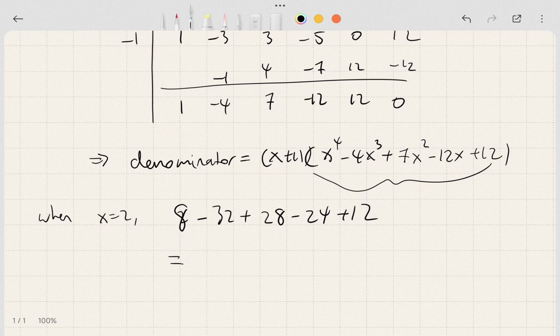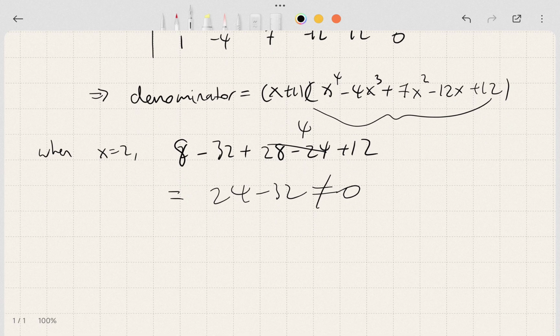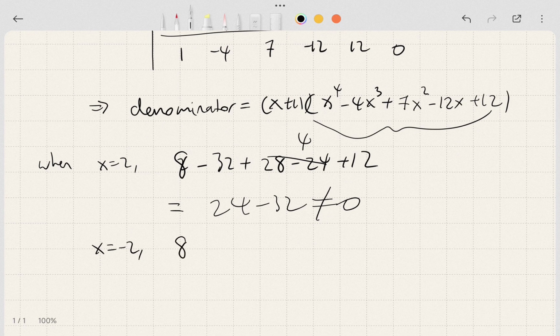This is not equal to 0. So let's try when x equals minus 2. Well, if it's minus 2, then it's 16 plus 32 plus 28 plus, and it wouldn't work.